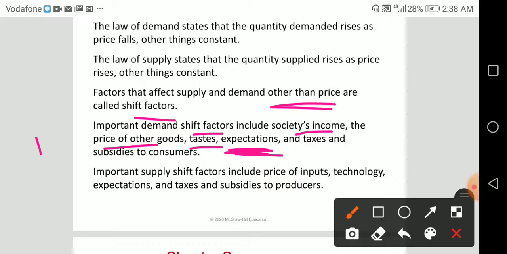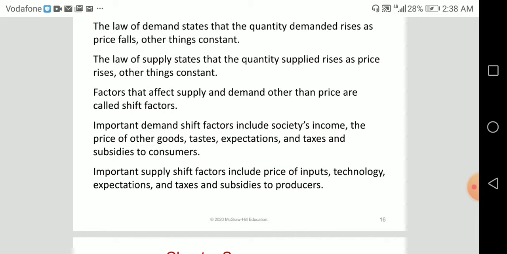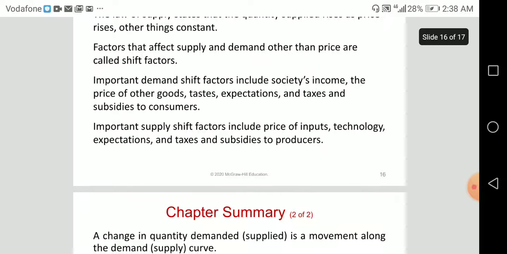If you know that the price of your desired car will get lower and lower after 3 months, you will wait. Okay, taxes, subsidies to consumers. Important supply shift factors include price of inputs, technology, expectations, taxes, and subsidies to producers.